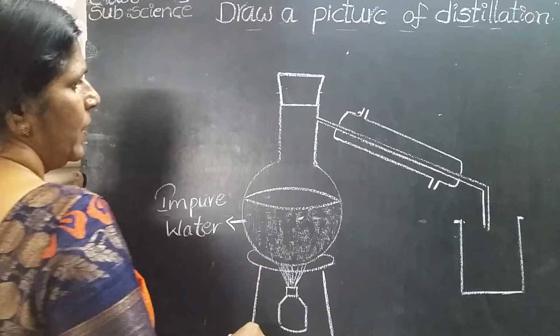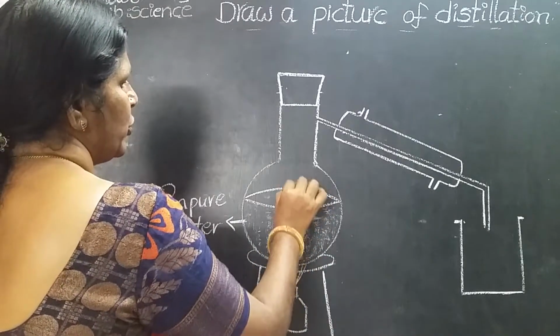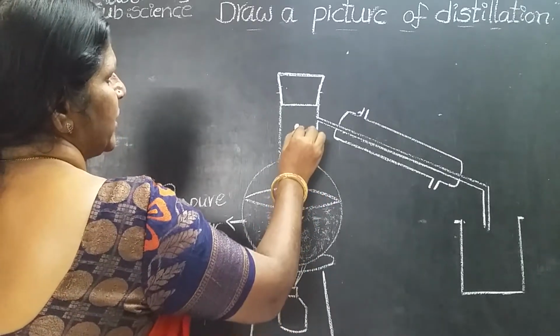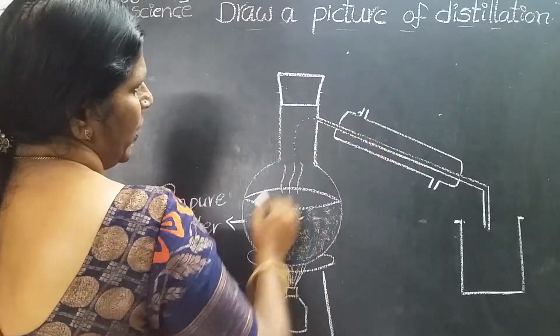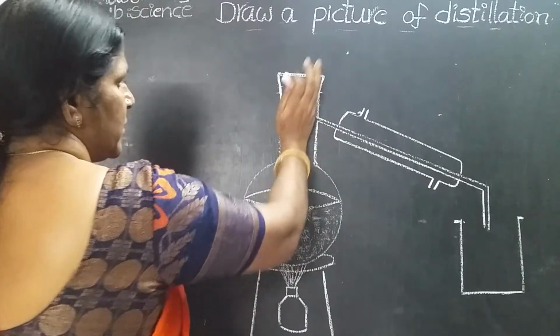Okay, and when the water is boiling, steam is produced like this. Okay, this steam slowly enters the L-shaped rod. Okay, but no need to draw like this.